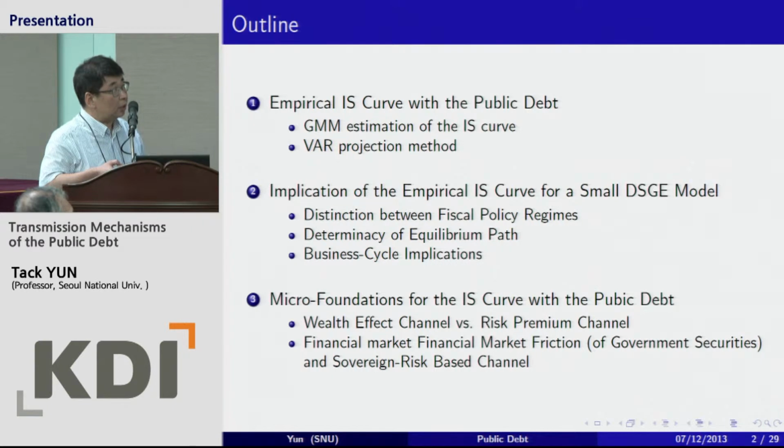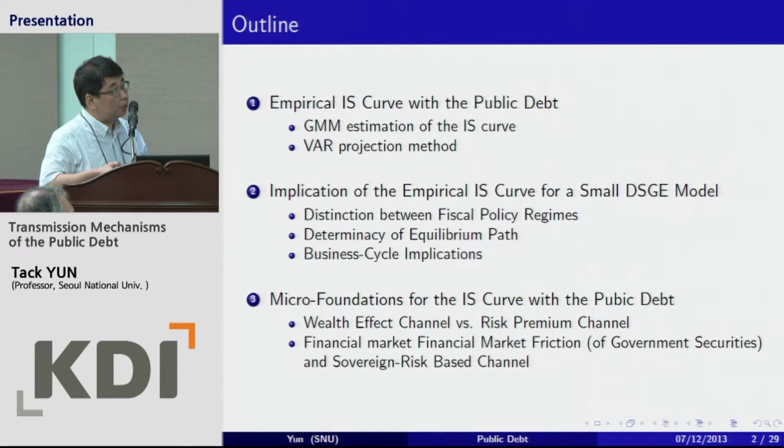But here in the third part, I wanted to provide micro foundations for the IS curve with public debt, because I did not give any micro foundation for the IS curve. I just started with the empirical IS curve.